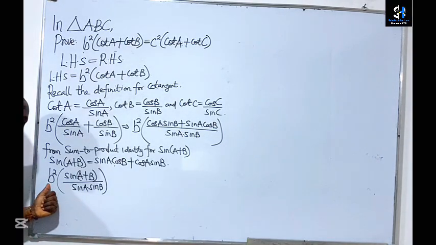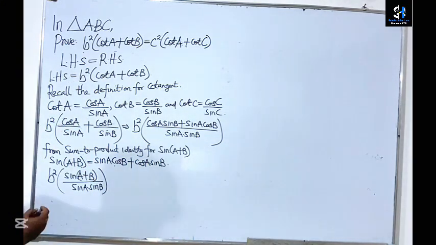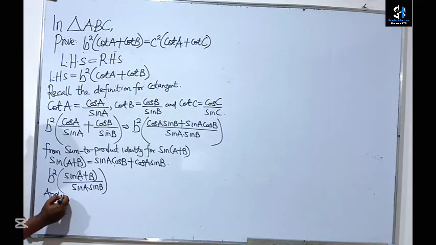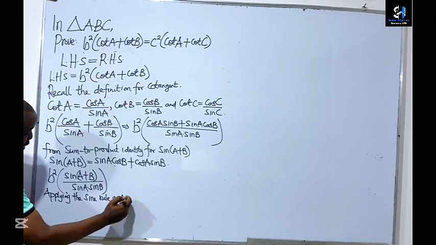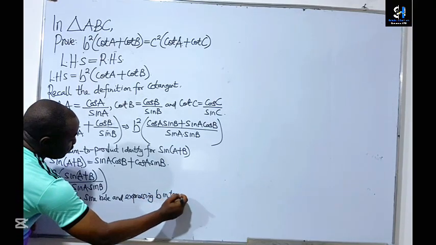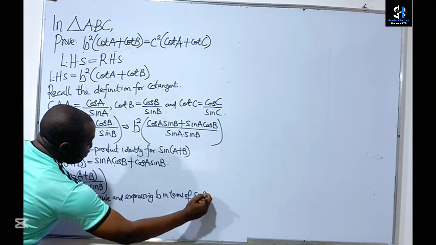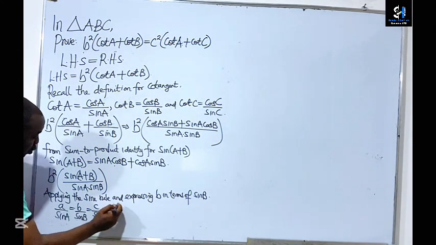Now let's write this b in terms of sine B, using the sine rule. Applying the sine rule and expressing b in terms of sine B, we know that according to the sine rule, a divided by sine A equals b divided by sine B equals c divided by sine C, which equals 2R.